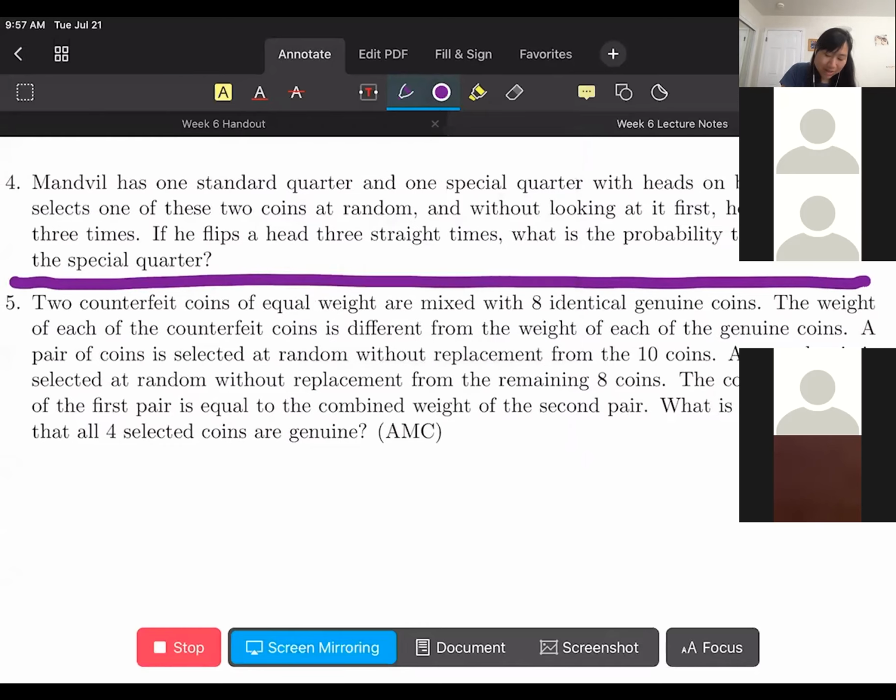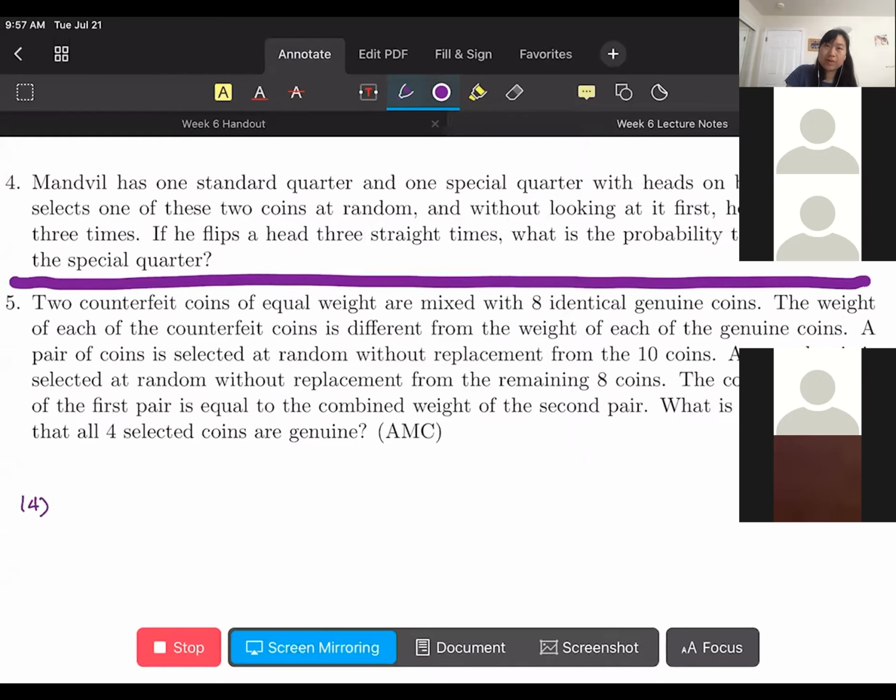Mandeville has one standard quarter and one special quarter with heads on both sides. He selects one of these two coins at random, and without looking at it first, he flips the coin 3 times. If he flips a head 3 straight times, what's the probability that he selected the special quarter?